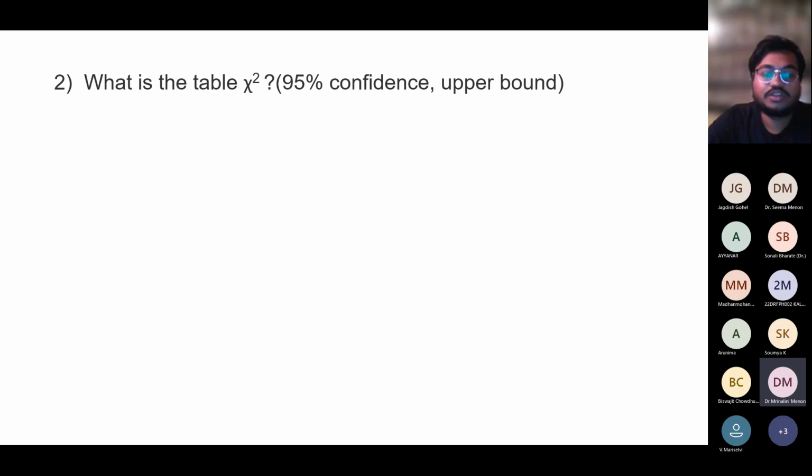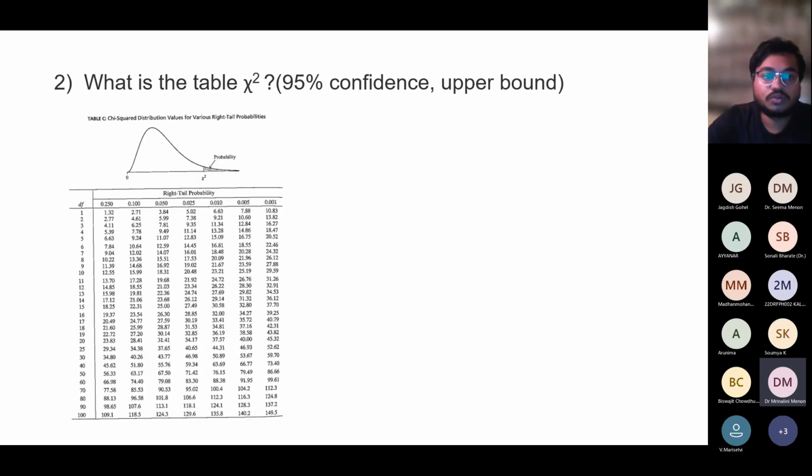Moving on, the second question is quite simple. What is the table chi-square value for 95% confidence interval and upper bound? We'll take a table that gives us the upper bound values, that is the value of the right tail. At 95% confidence interval, that is 0.05.